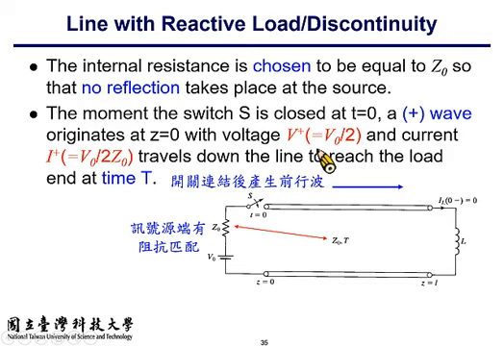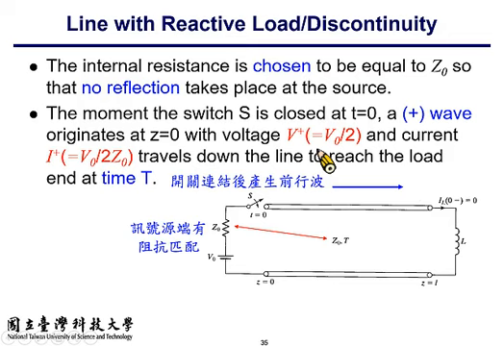So here, because the characteristic impedance of the transmission line is Z sub 0 and the internal resistance of the generator is Z sub 0 as well, the V plus signal can be calculated as V sub 0 over 2, where V sub 0 is the voltage of the DC source. So the voltage V plus is V sub 0 over 2.